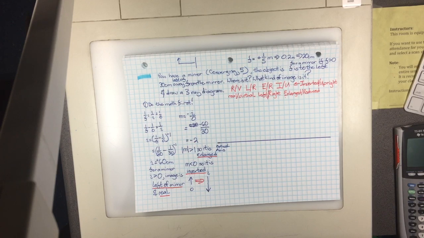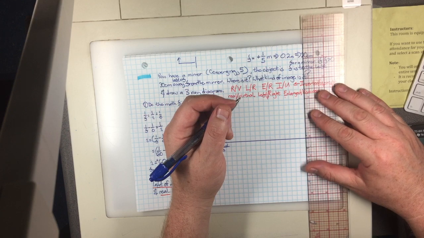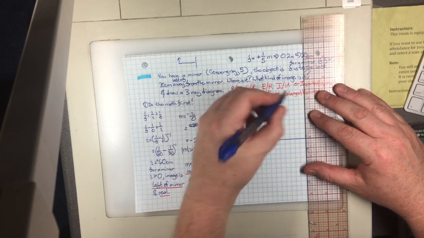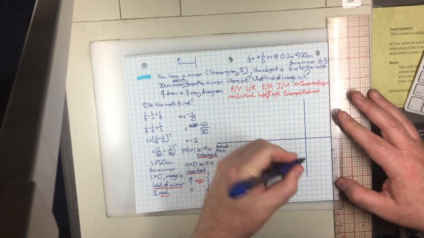The focal length, object, and image are all left of the mirror, which means the mirror should be the furthest right thing we've got. So what I typically do is I give a little bit of a gap on the right-hand side. It may be useful.